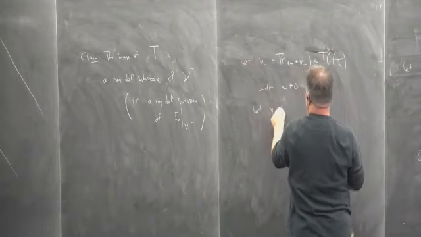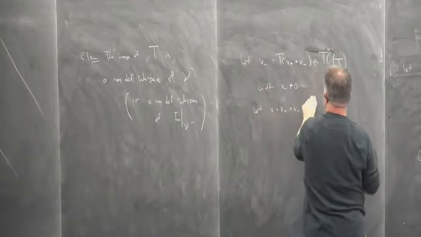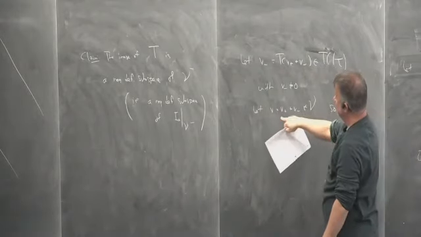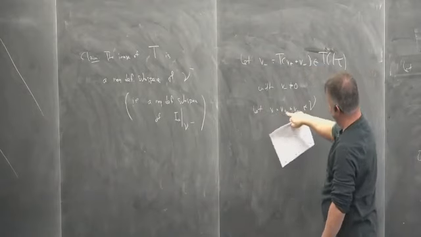Let V be V plus V minus. So V is not equal to 0, right? Because this is a direct sum decomposition. The only way V will be 0 is if both components are 0.